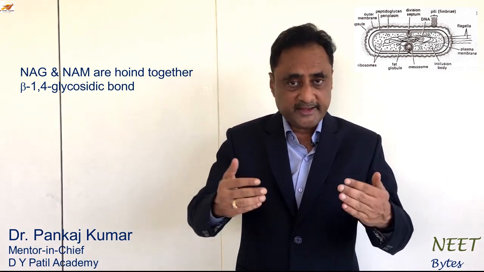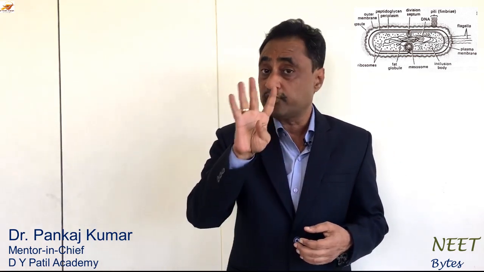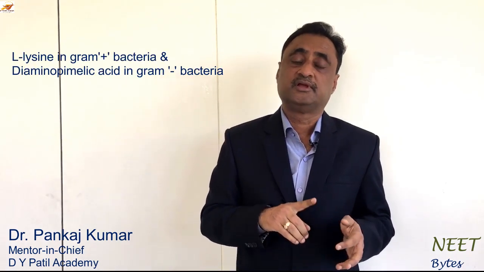Okay. In addition to these bonds, amino acids are present as a side chain, and there are 4 amino acids. What are they? That is L-lysine, that is typically found only in gram-positive bacteria. Okay. And in case of gram-negative, what happens? In place of L-lysine, there is going to be diaminopimelic acid.